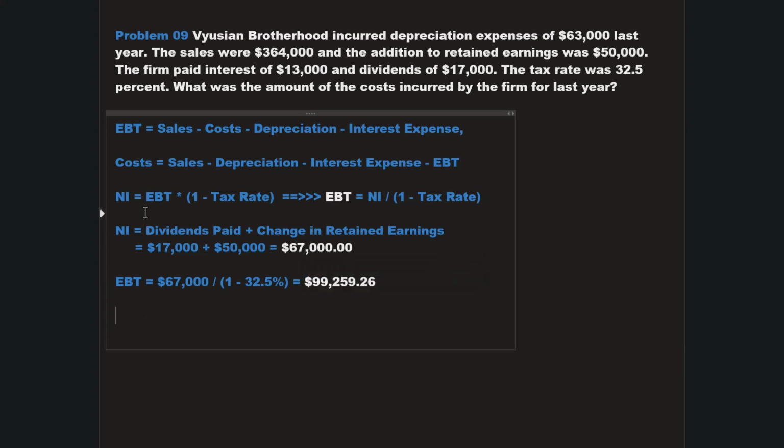And finally, right here we figured out costs should be sales minus depreciation minus interest expense minus EBT.